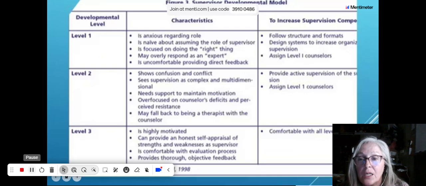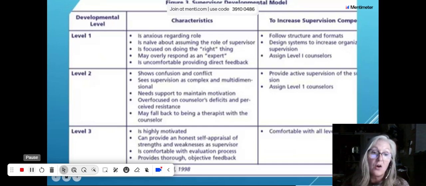Level 2, where someone's starting to get comfortable, is actually when they may show more confusion and conflict because they're starting to process all of this stuff now, and they're having to put those puzzle pieces together for themselves. So that's normal and it's expected. I think that's an important point there.